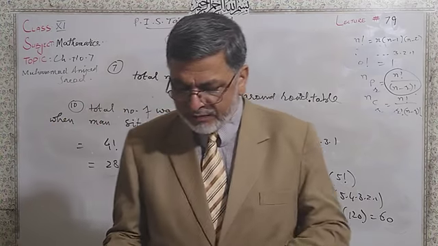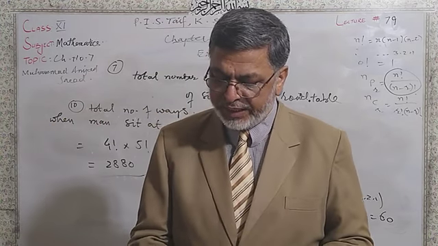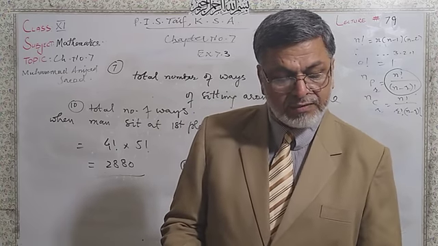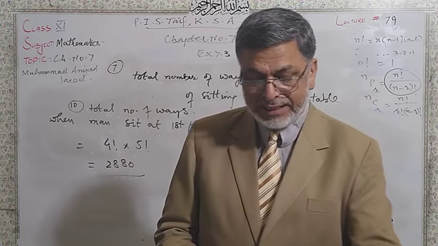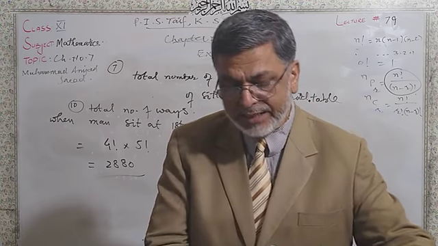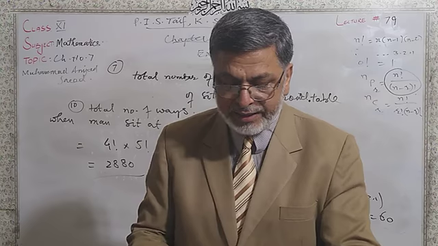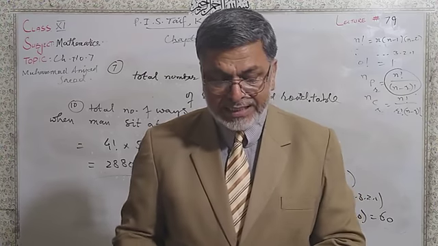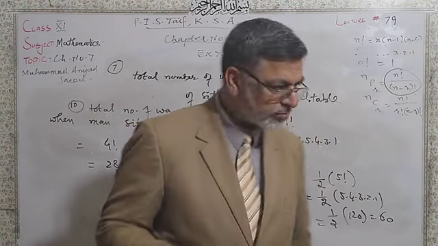So dear students, that was your exercise 7.3 and now we are going to have our next exercise, and this next exercise is relating to our new topic, new concept, that is combination.